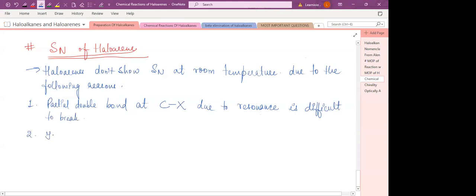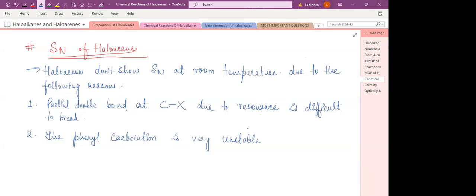Second, the phenyl carbocation is very unstable. When the chlorine is removed from the benzene ring, it will create a carbocation known as phenyl carbocation, and phenyl carbocation is very unstable. So due to this instability, nucleophilic substitution reaction is not possible.